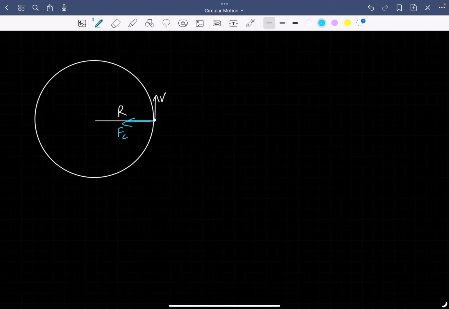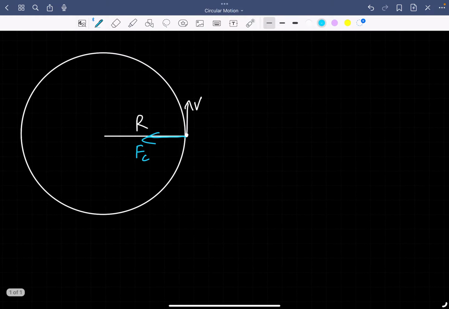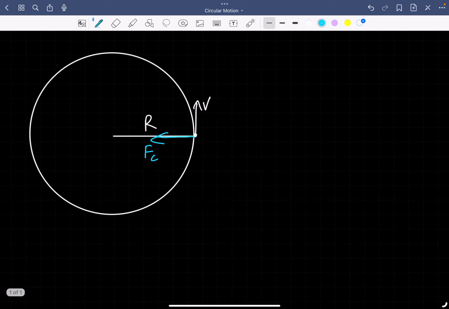When you're swinging it, you can feel the string have tension in it, and that tension is what provides the force that keeps the object traveling in a circular path. And that tension is always directed towards the center of where you're swinging, which is the center of the circle. So that's another way to gain intuition as to why the force is directed inward and perpendicular to the object's instantaneous velocity.